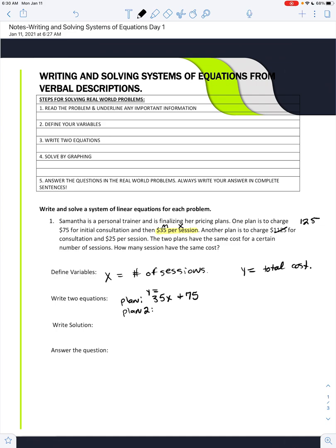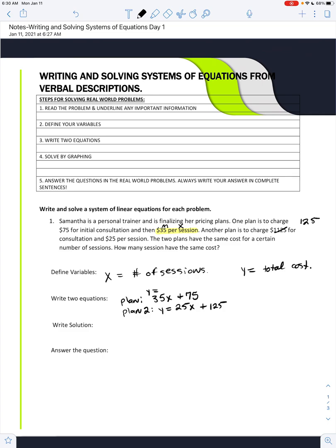In plan 2, she's going to charge $125 for a consultation and then $25 per session, right? So that means we're going to have y, total cost, is equal to 25 per session, so x, for sessions, plus the $125 consultation fee.